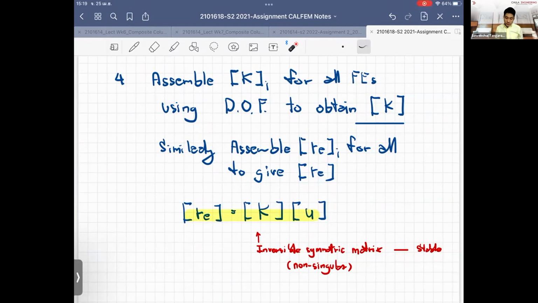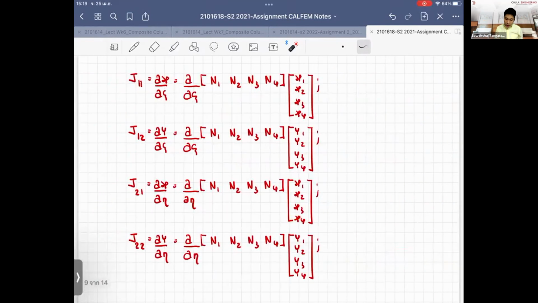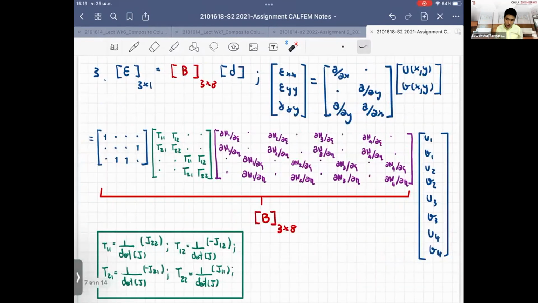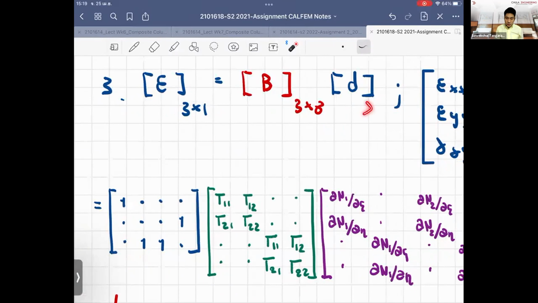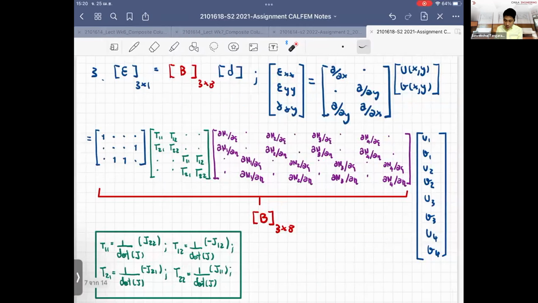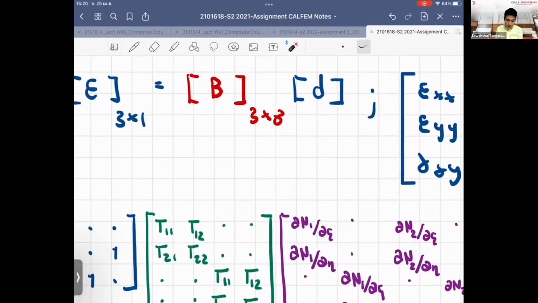After that, you can obtain the value of the strain. How you obtain the strain is very simple. You use this formulation, and Hooke's law. When you assemble them, you get B, which is 3 by 8, right? So you know how you obtain this, and this corresponds to the B at the 4 nodes.